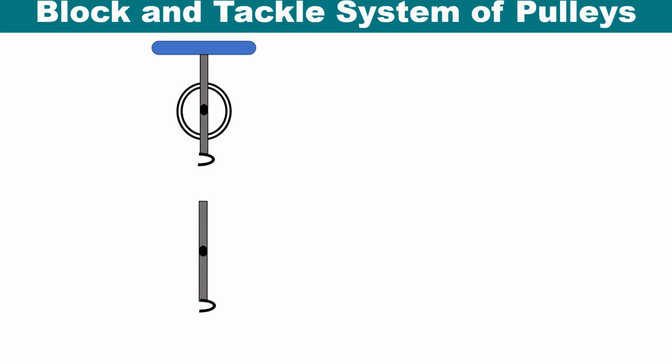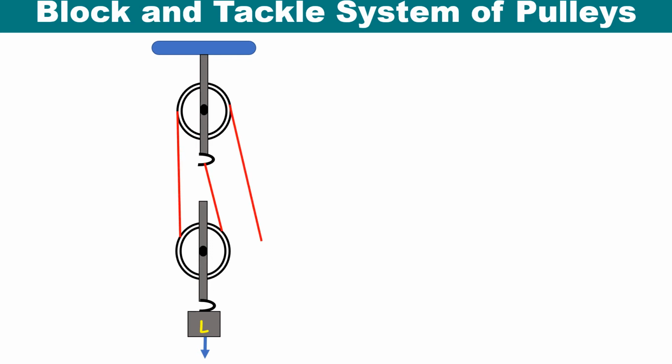Now block and tackle system of pulleys. What is this kind of pulley? We have a fixed, rigid support, an upper block which has pulleys, and a lower block which has pulleys. There will be a few pulleys in the upper block and a few in the lower block. The load is attached to the lower block, which will be lifted up.